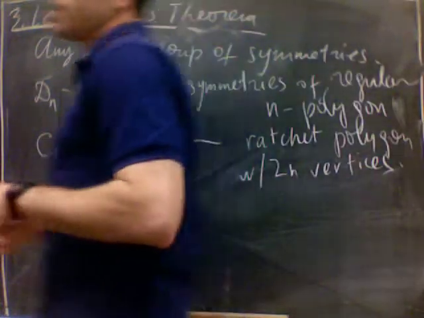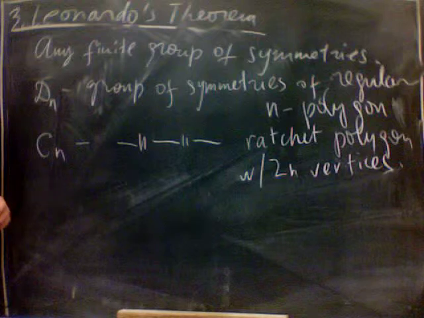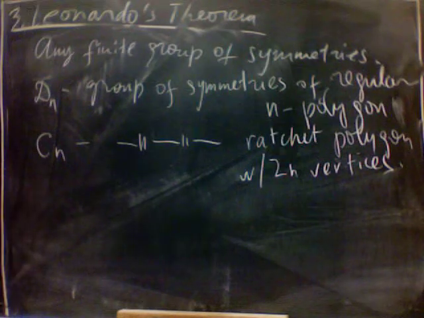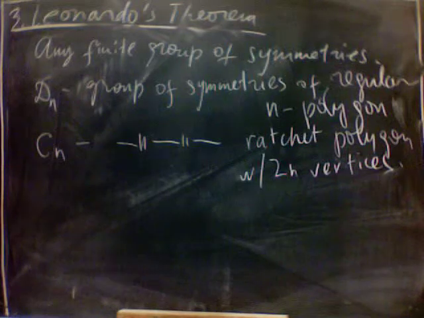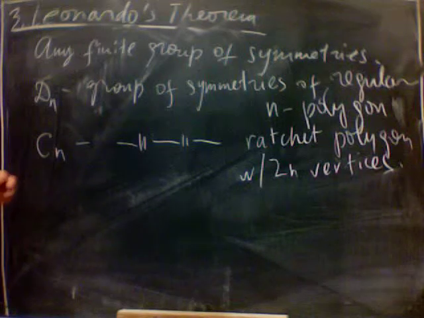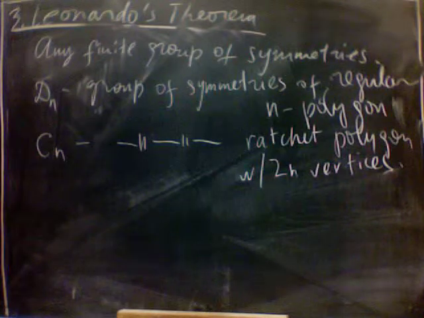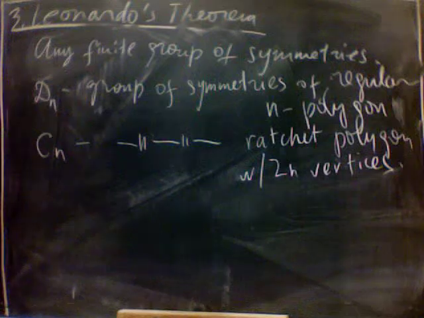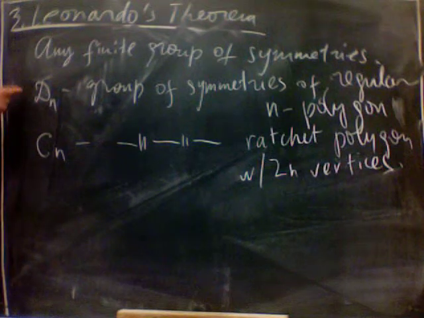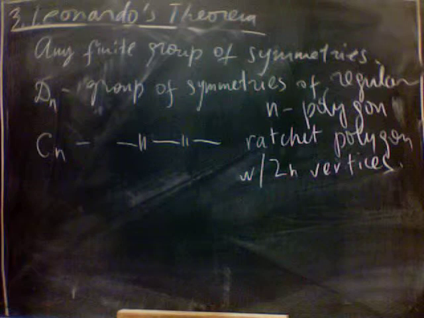So Leonardo's theorem, stated precisely, tells us that in fact any finite group of symmetries of any set in the plane is going to be either one of the dihedral groups or one of the cyclic groups of rotations.